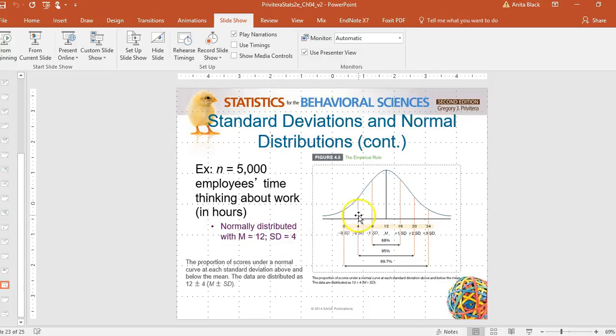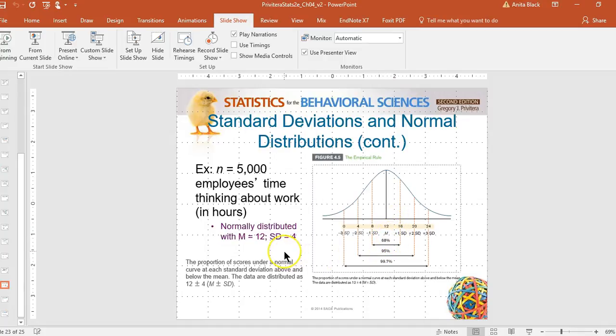Under a normal distribution, the mean is 12. So on average, these 5,000 employees think about work for 12 hours per day. Ooh, that'd be good, wouldn't it?